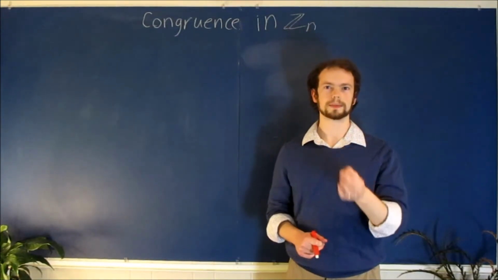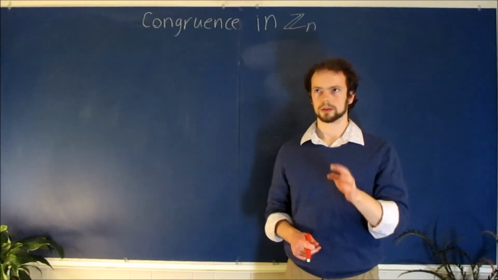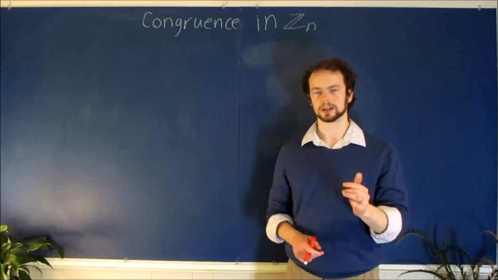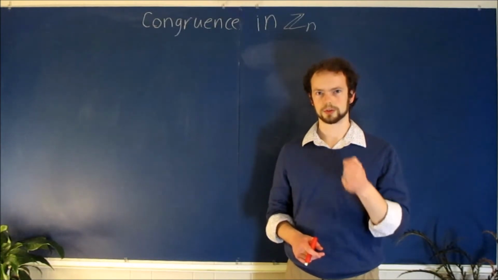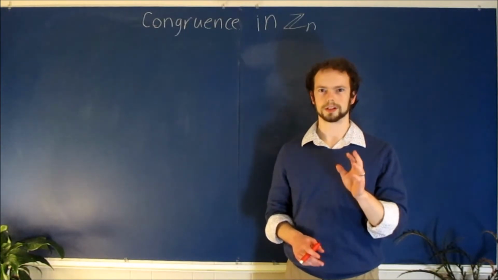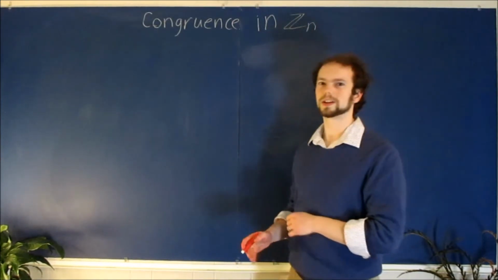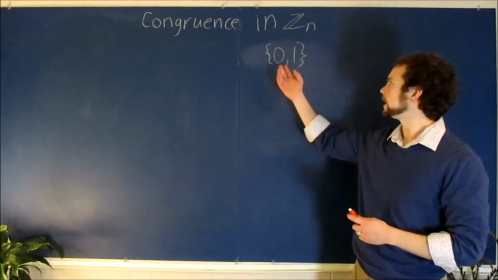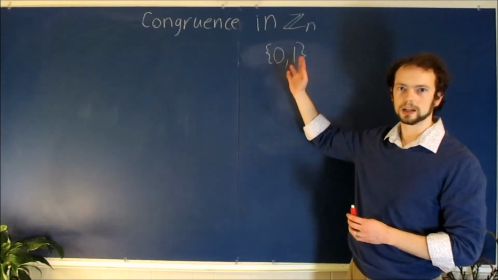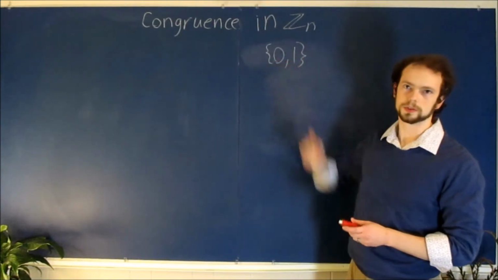Now you may be thinking, if we have a finite ring, how do we deal with the issue of closure under addition and multiplication? Here's a simple example. In this set, I have the integers 0 and 1.